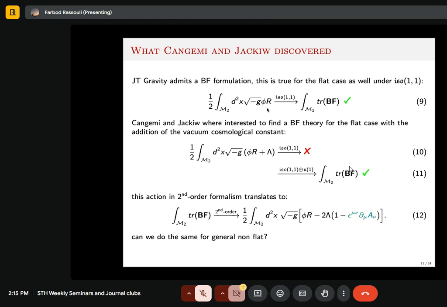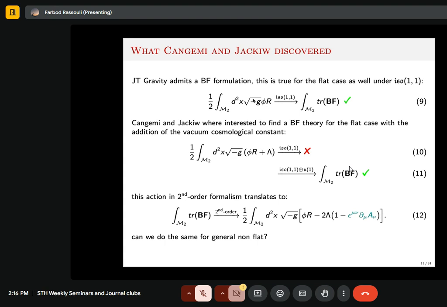So the very basic idea to add the central extension is to exactly have the BF formulation, in fact. In equation 11. Yes. That was just a partial remark. So if you have flat JT without cosmological constant or without vacuum energy, let's say, you cannot write it as a BF theory because the trace. You don't have the right bilinear form.